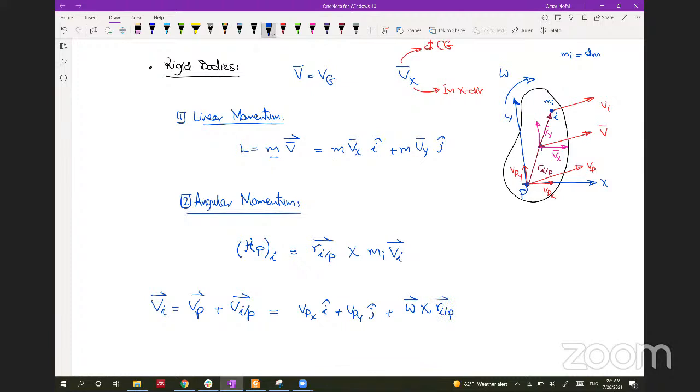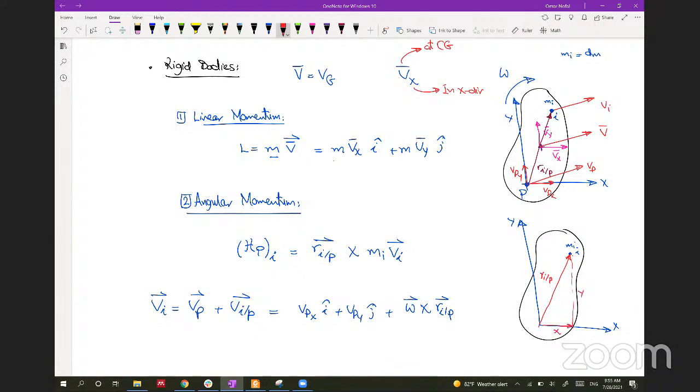Okay, so let's draw this body one more time. Something like this. And this is x, and this is y, and this is our mass m_i at this point. And this is r_i with respect to B. r_i with respect to B has an x component, let's call it x, and a y component, y.